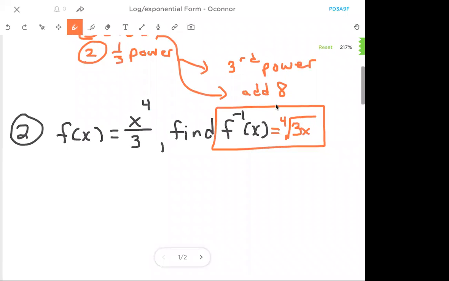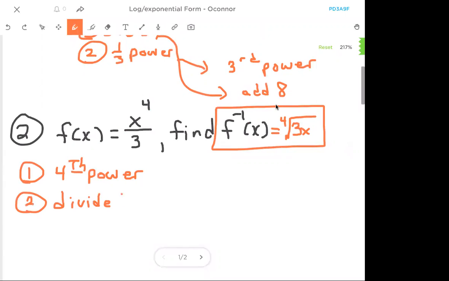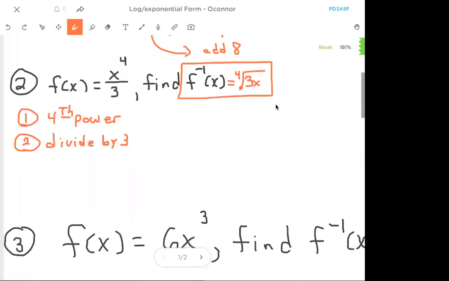Yeah. So again, if I plug the number into here, the first thing I would do is I would take to the fourth power. And then the second thing I would do is I would divide by 3. So I want to do the opposite of those in the opposite order.